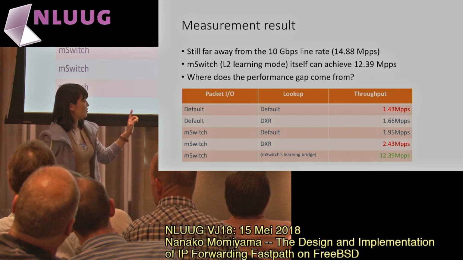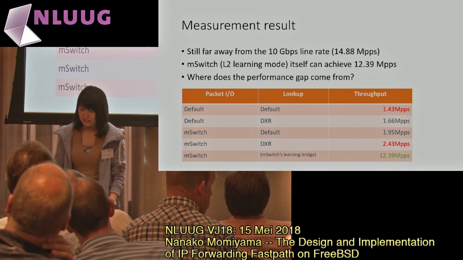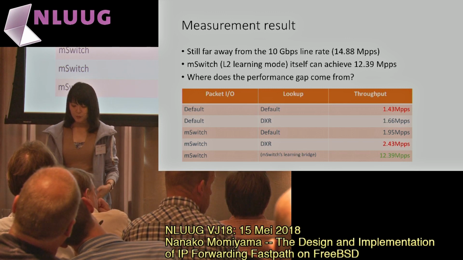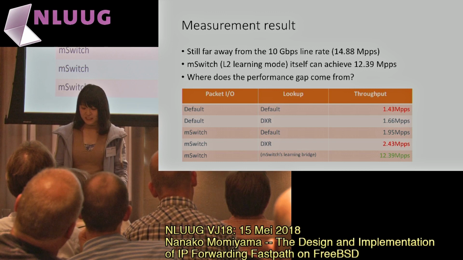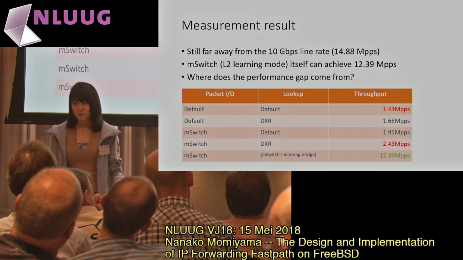It is 2.43 million packets per second. In addition, mSwitch itself has the potential to forward packets at 12 million packets per second. So we need to find where the performance gap comes from.